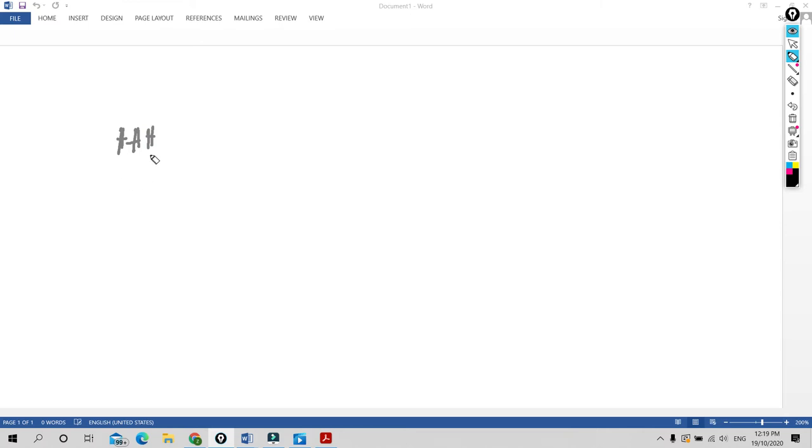We draw the diagram: I have head and tail, then from here head and tail.